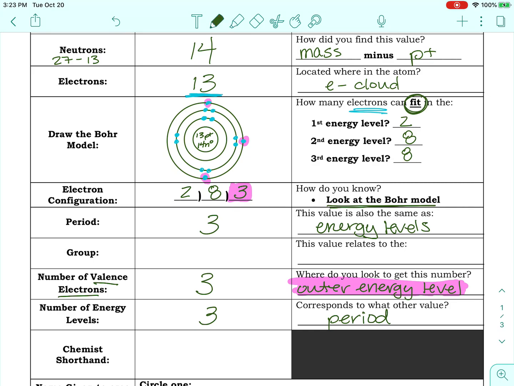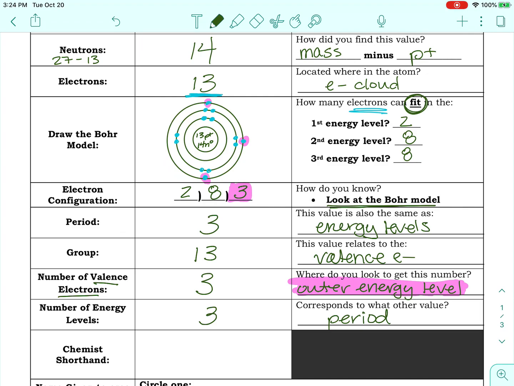And finally, the group. We have to be careful with the group because sometimes you have to put a 1 in the front. We look at the valence electrons to find the group number. There are 3 valence electrons, but it's not in group 3. It's in group 13.